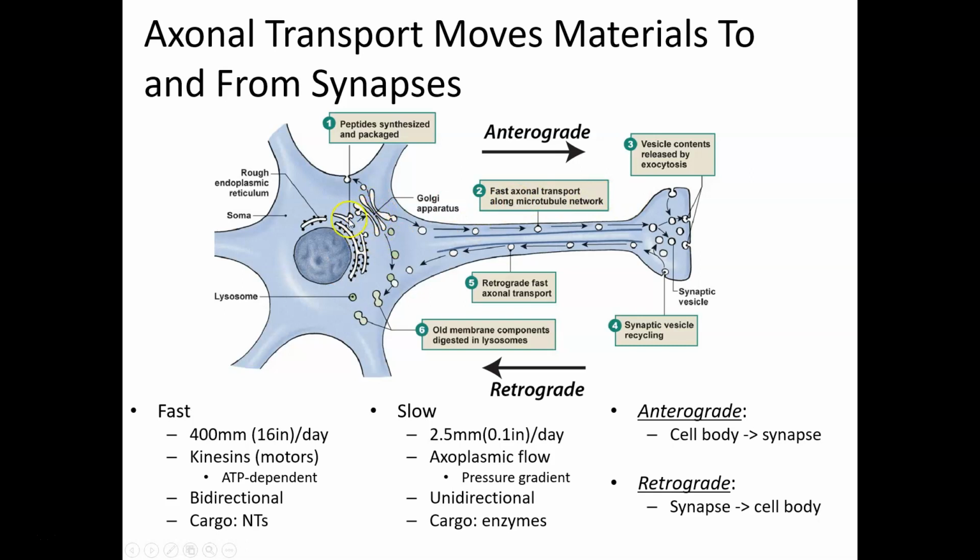So up here at the cell body, where we have the Nissl bodies, you can see the representation of the rough ER and the Golgi. So we make the neurotransmitter in the rough ER. That's transferred to the Golgi, and then the Golgi spits out the little membrane packet with the neurotransmitter in it. It moves down the axon in the anterograde direction from the cell body to the synaptic end bulb via these kinesin molecules.